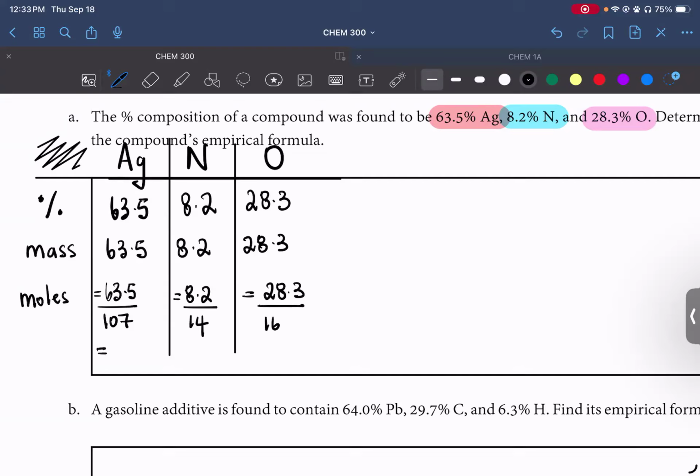If we put these numbers in our calculator, 63.5 divided by 107 is 0.59. 8.2 divided by 14 is also 0.59. I do see your hand, Paul, I'll get to you in a second. And then finally, 28.3 divided by 16 is 1.77. Paul, I'll take your question.